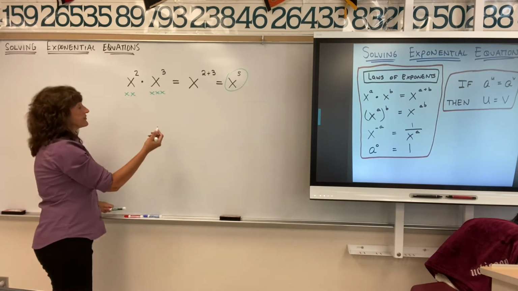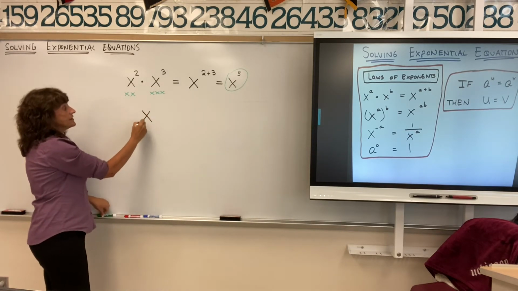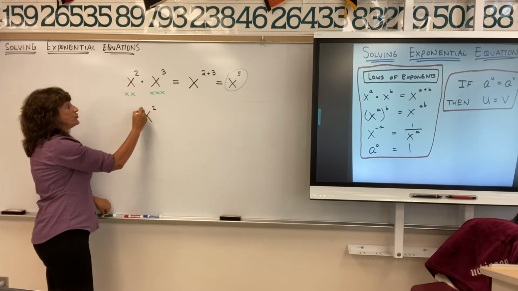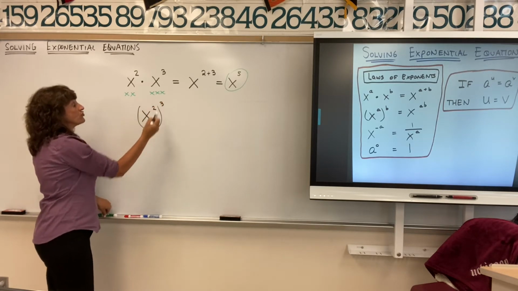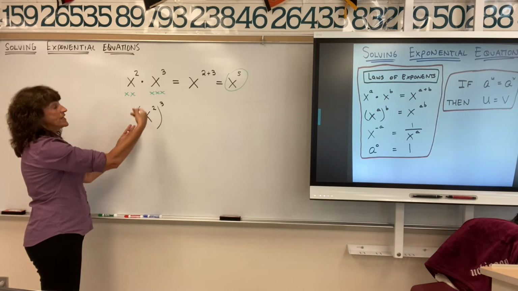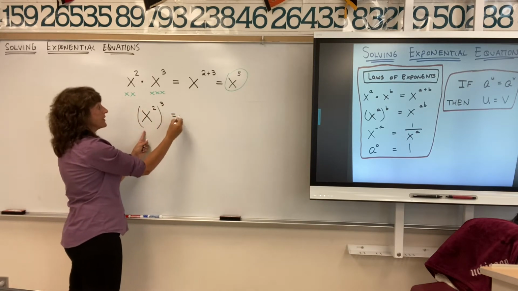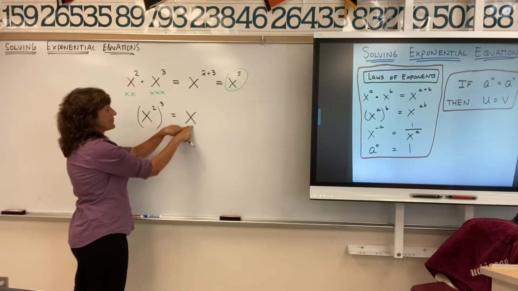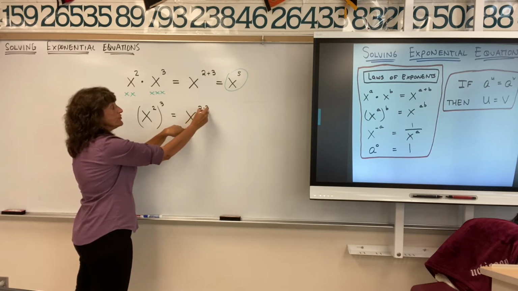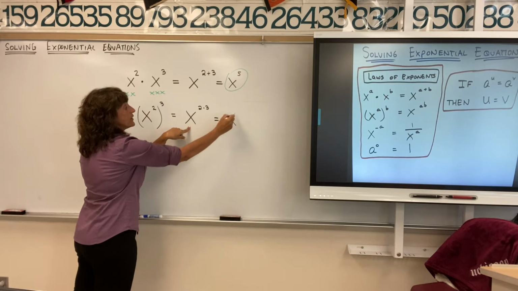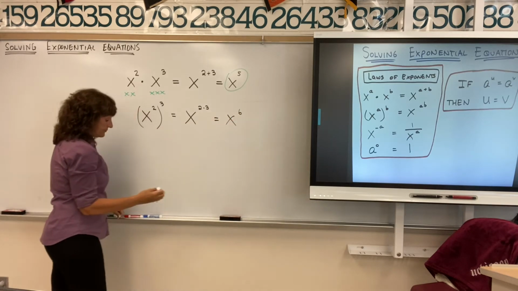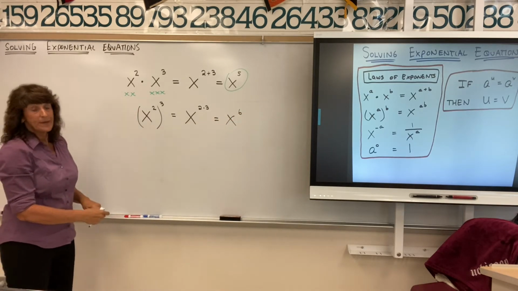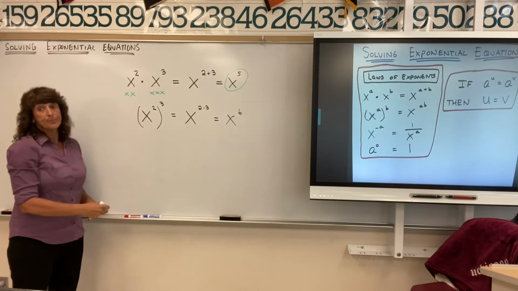Your next law of exponents: what if you raise a power to another power? What if we take x squared and raise that to the third power? What does this mean? This is where you keep the base and multiply the exponents. This is what you need to keep straight: keep the base, multiply the exponents.